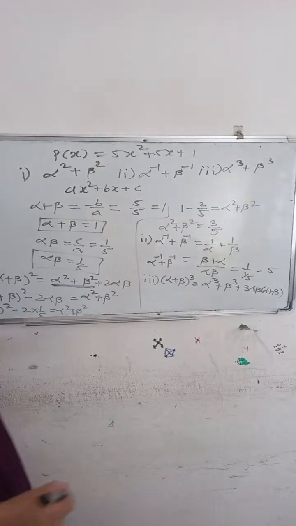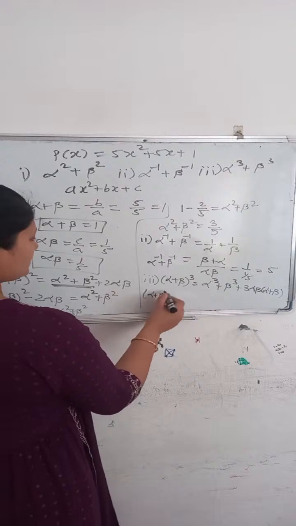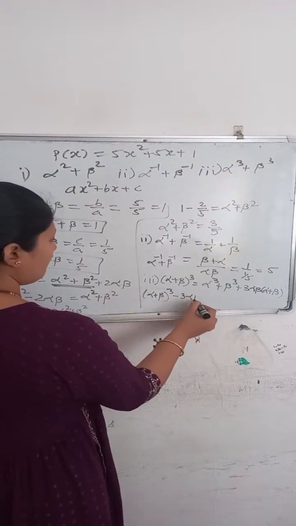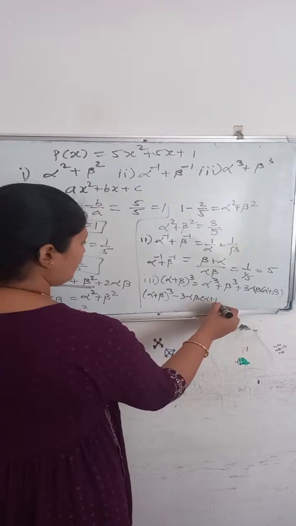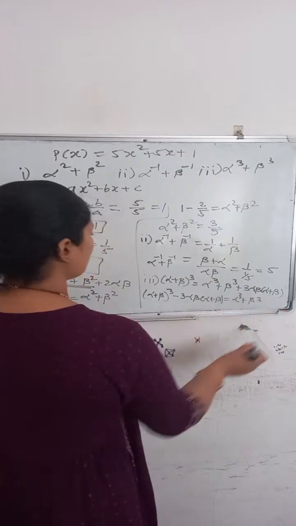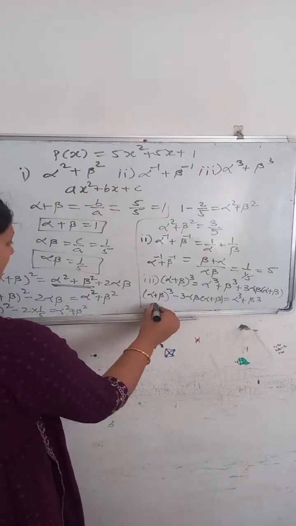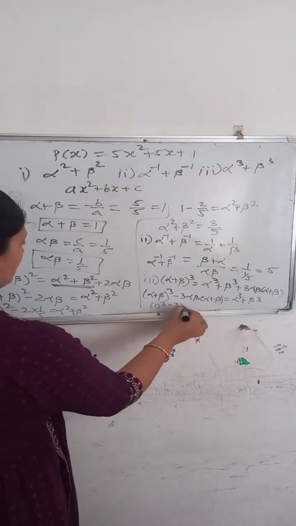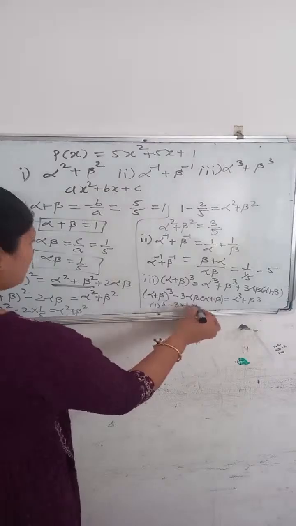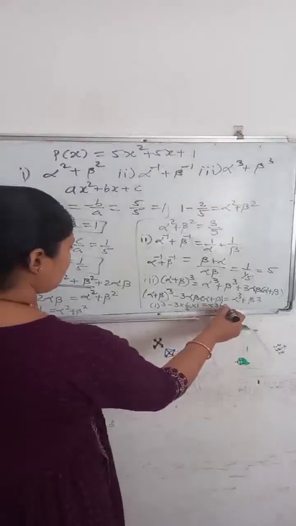You will get the answer. So make the adjustment: alpha plus beta whole cube minus 3 alpha beta into alpha plus beta is equal to alpha cube plus beta cube. Find out this. Now substitute the values. Alpha plus beta is 1, minus 3 alpha beta is 1 by 5 into 1, is equal to alpha cube plus beta cube.